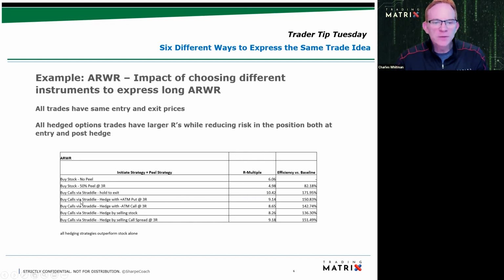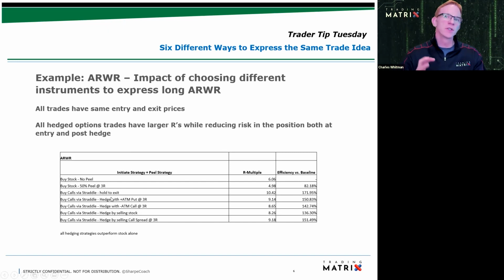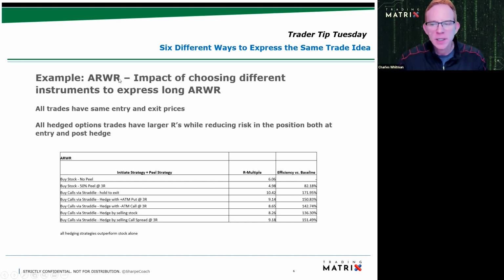We could buy the calls via the straddle and then hedge by buying at the money puts at 3R, just like we did here. But instead of selling half the stock, we're going to buy puts. This gives us 9.14R, but we're hedged. We could buy calls and then hedge with selling at the money calls at 3R. This just puts us in a long call spread. This gives us 8.65R.